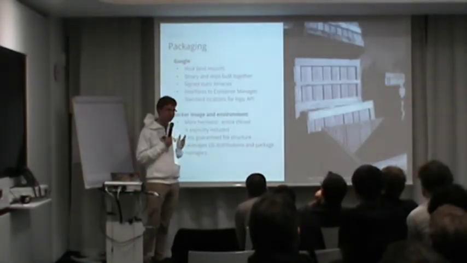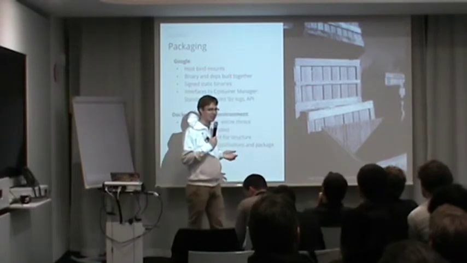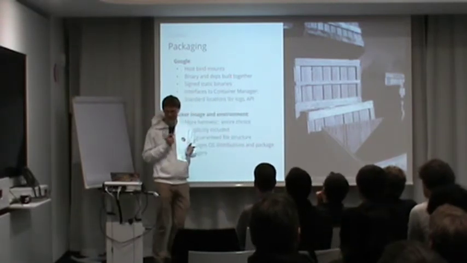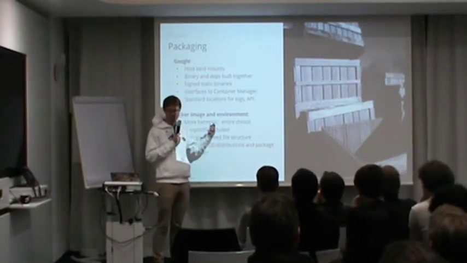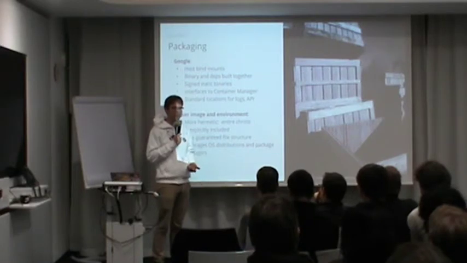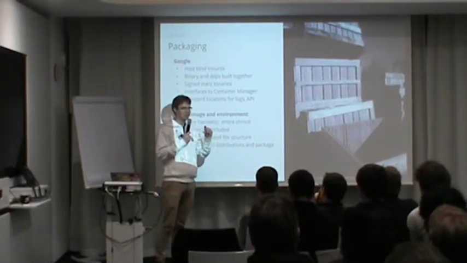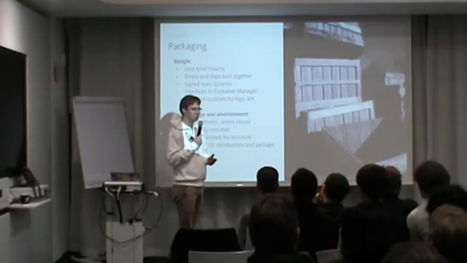Now, however, one thing we do a bit differently than open source Docker is packaging. So we statically link binaries and dependencies, and we sign them, and so we end up with signed static binaries which we push into the container. While Docker does something different, it has a completely change-rooted environment in the container, so you have a full stack.